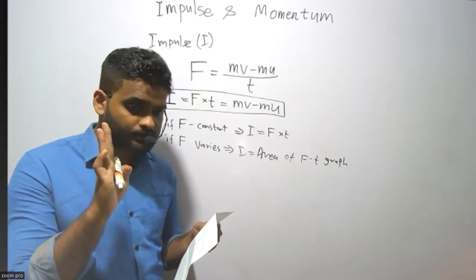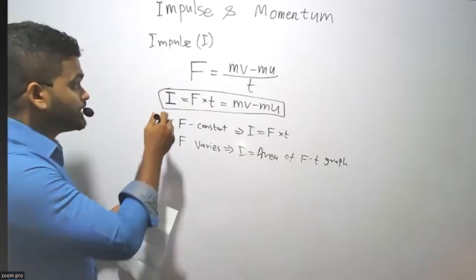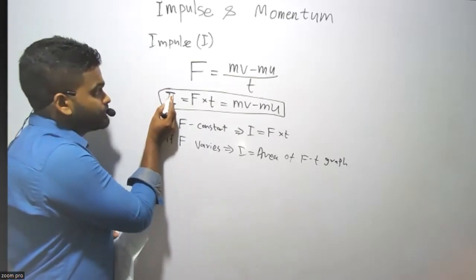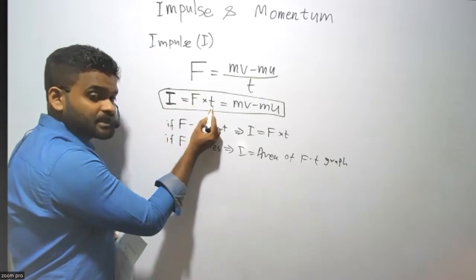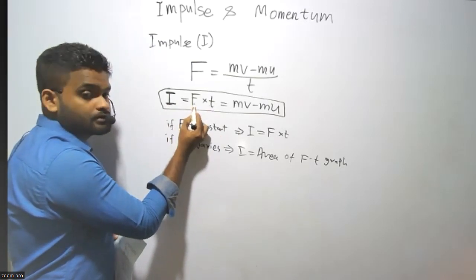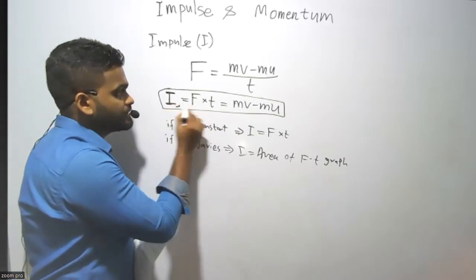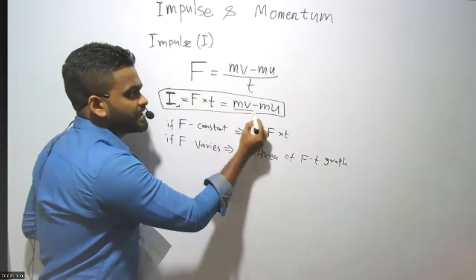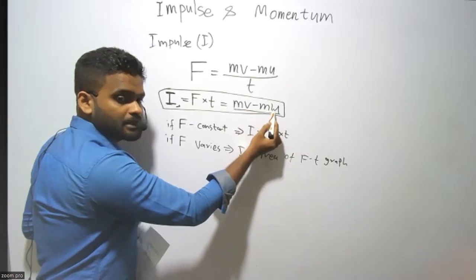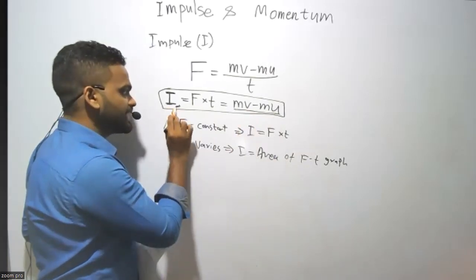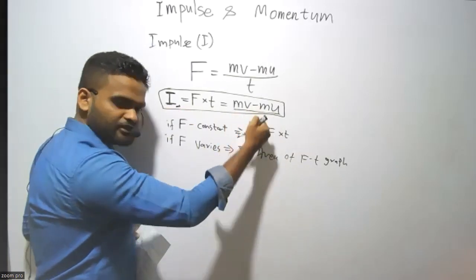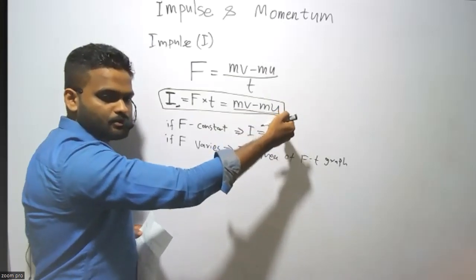Impulse is not force. See this equation? Impulse is force times time, not force. Force should be multiplied by time. Or impulse can have the same dimensions as momentum. This is change of momentum. Change of momentum also has dimensions of momentum.